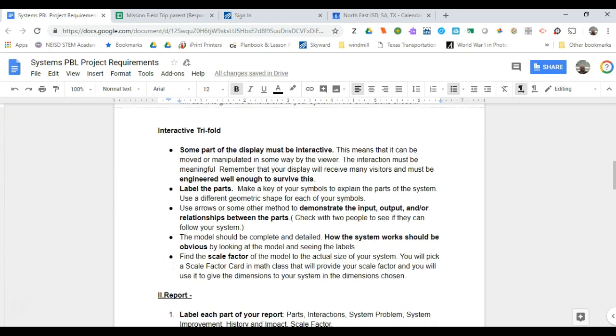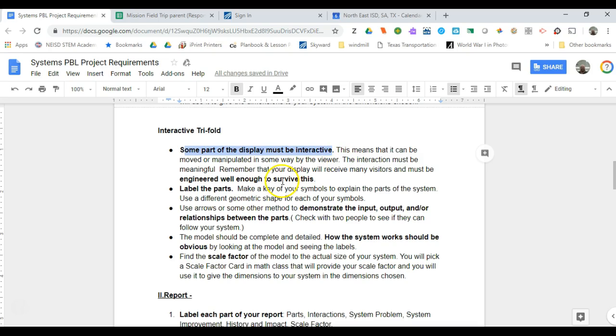Now, if you choose to, rather than make a physical model, do the interactive trifold, things can be a little bit different because some part of that trifold must be interactive. That means I come up as the viewer and I get to tinker and mess around with and play with and learn from doing something on your interactive trifold.